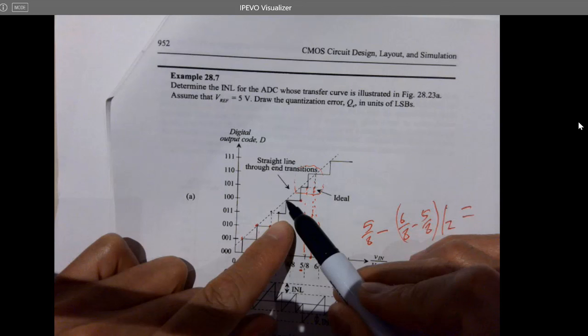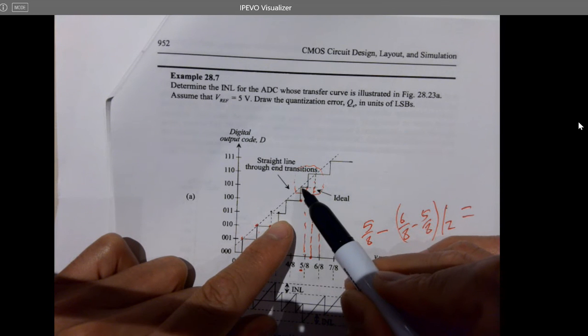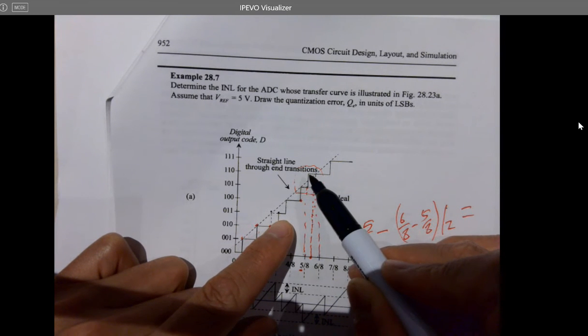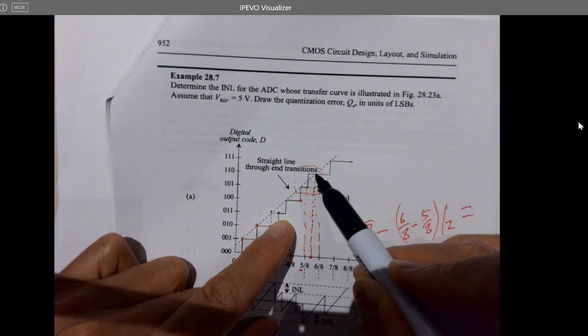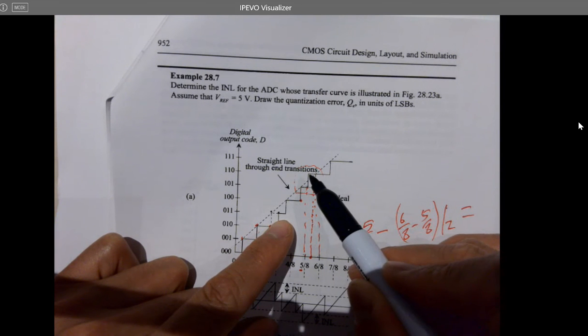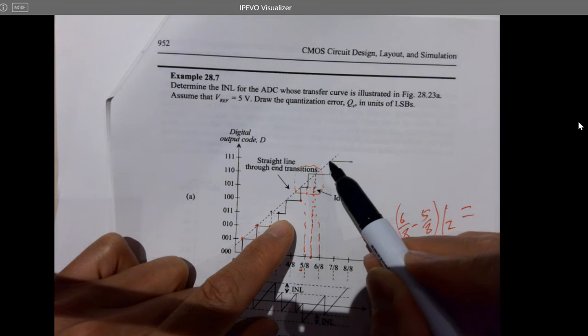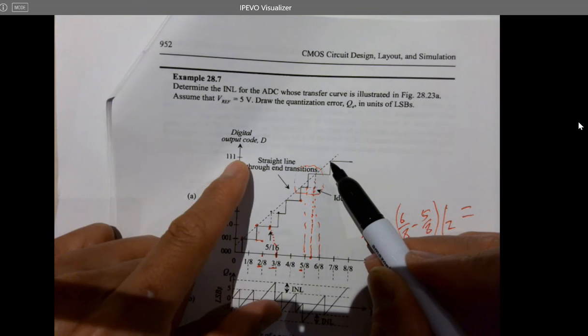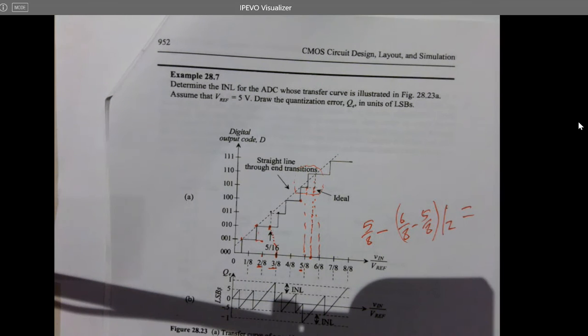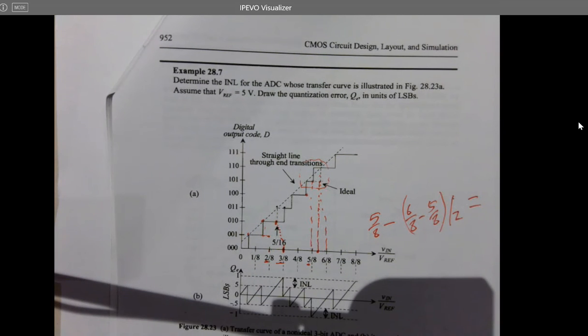This INL is 0, definitely, and this is also 0 because the point is right on the curve, and this is not. The ideal point is higher than this point, and you can see it should be negative 0.5 LSB. And the last one, INL 7, is right on the curve, so it's 0. Simple, right? Great.